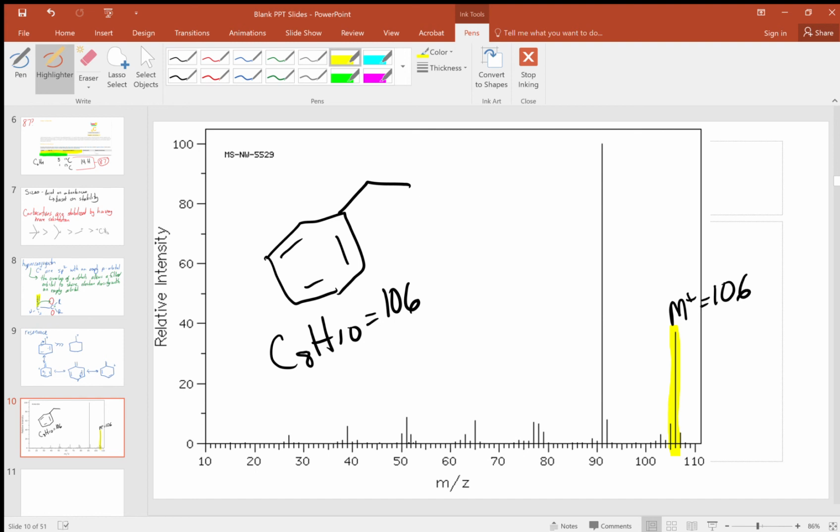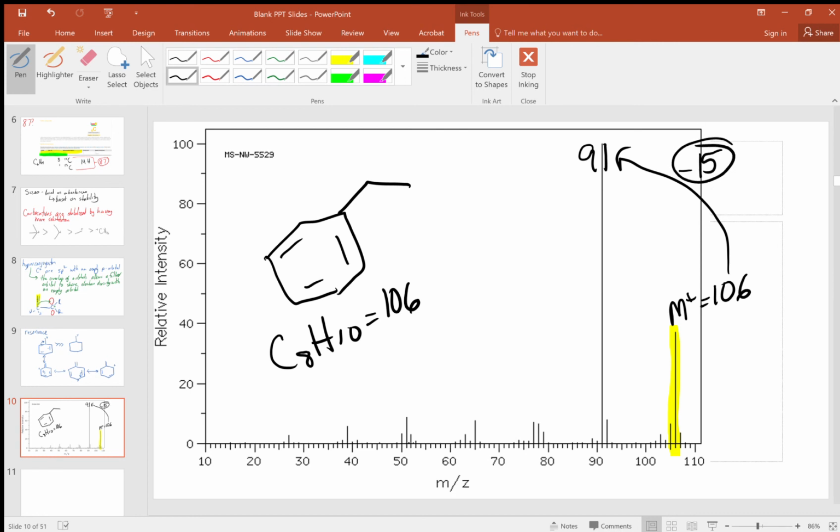But what is our largest peak in the spectrum? Well, it's this big peak here at 91. How do we get from 106 to 91? Well, we lose 15.